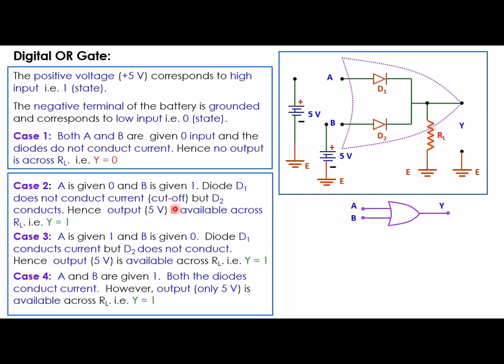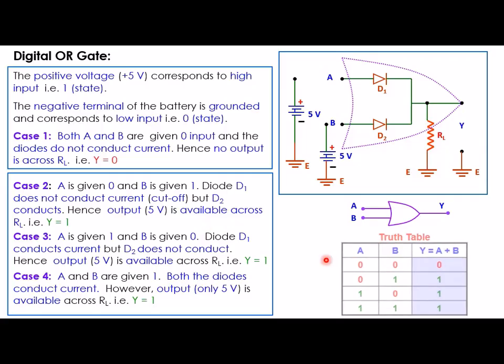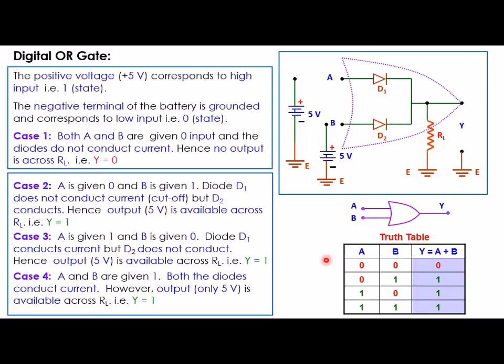So if we summarize all these 4 cases through a truth table, then the truth table will be somewhat like this. When both A and B were given 0, both diodes were not conducting, the output was 0. When any one of A or B is given high, plus 5 volt, that corresponding diode was conducting, and you are getting high in the output, plus 5 volt, which is logical 1.